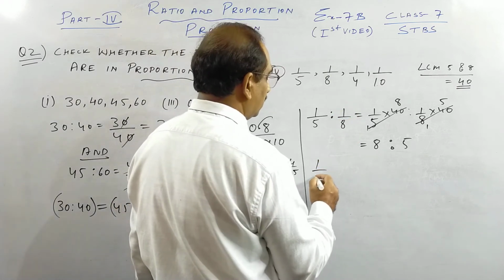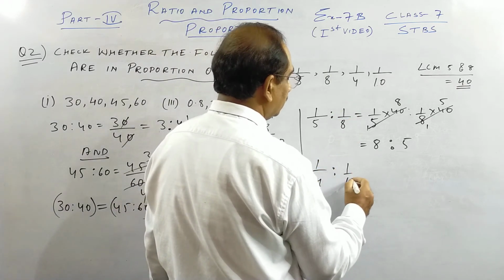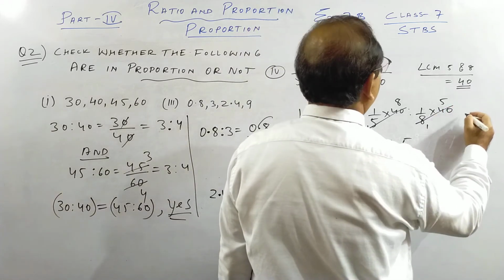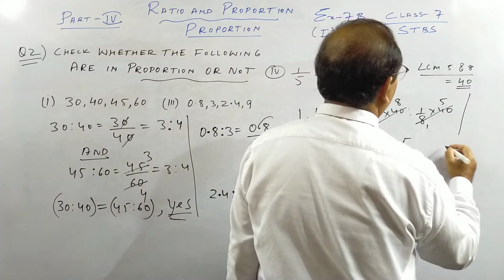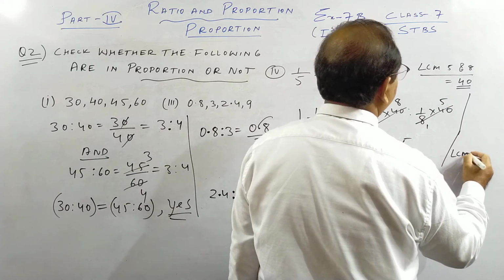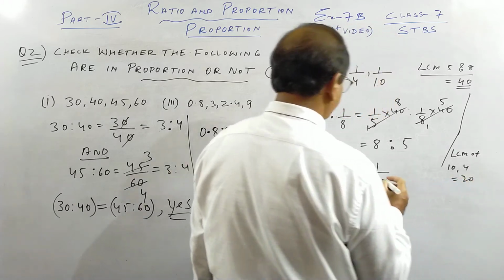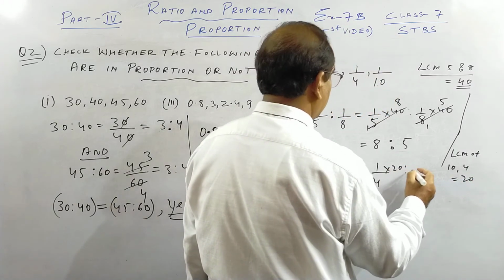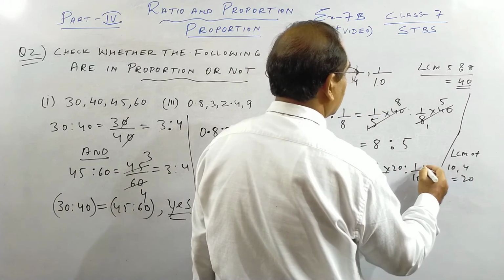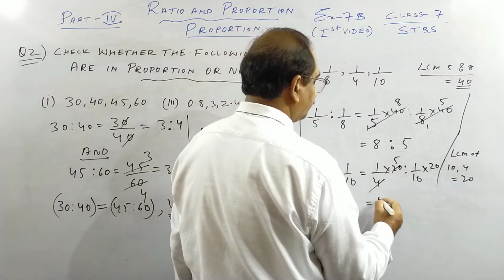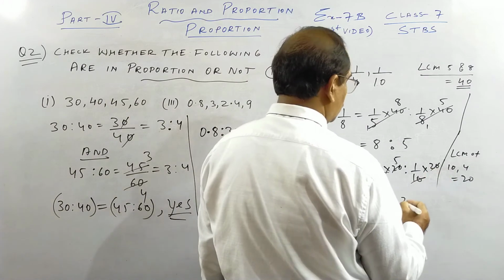Same way, next one, children. We multiply by their LCM. LCM of 10 and 4 is 20. So multiply by 20. So what do we get, children? 5 fours are 20, and 2 tens are 20.